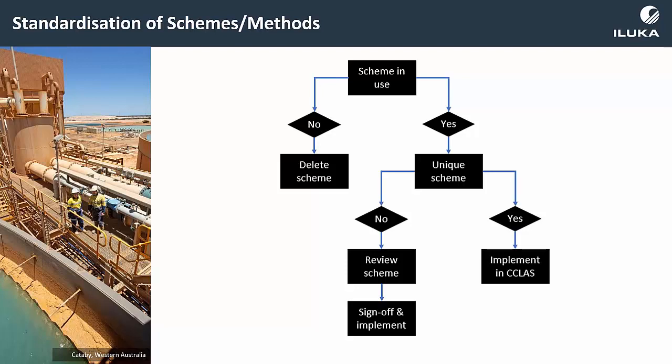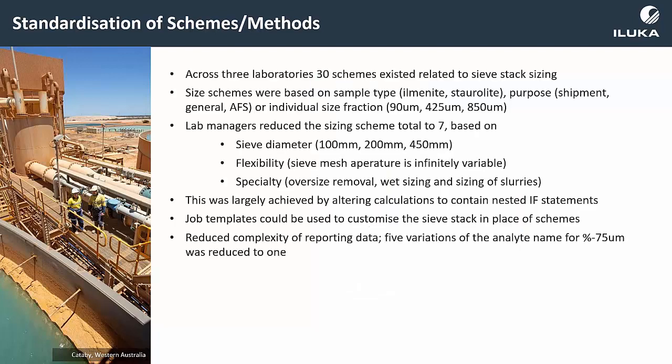I've just got a few examples. I counted our sizing schemes in our three separate CCLASs, and they totaled 30. When I looked through what they were, a lot of them were built for a specific purpose. We had sizing schemes for ilmenite products and zircon products.